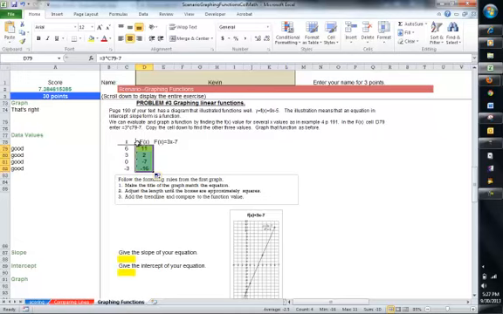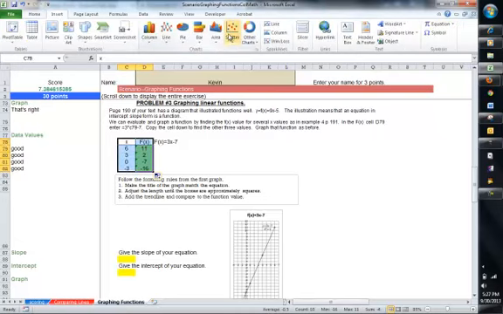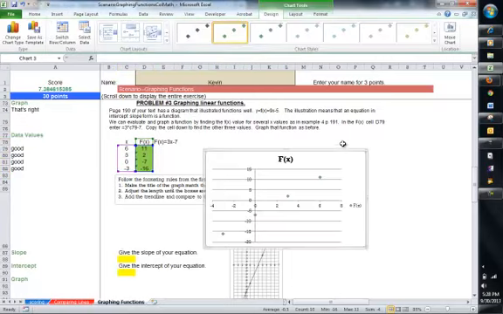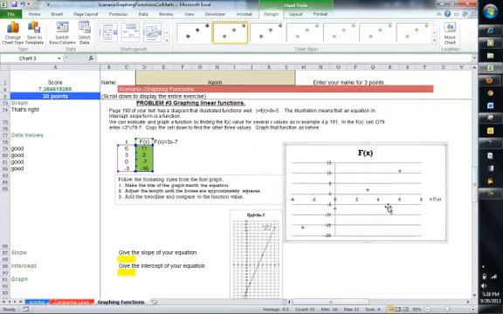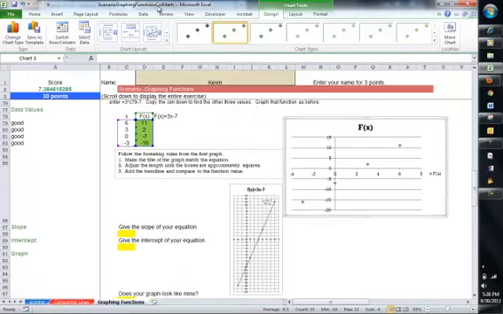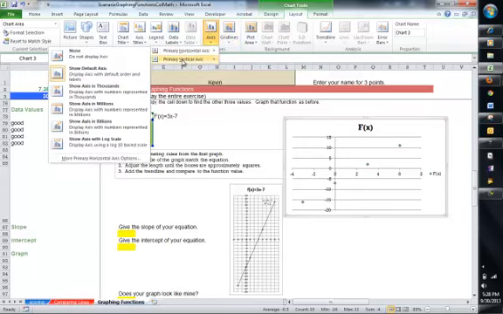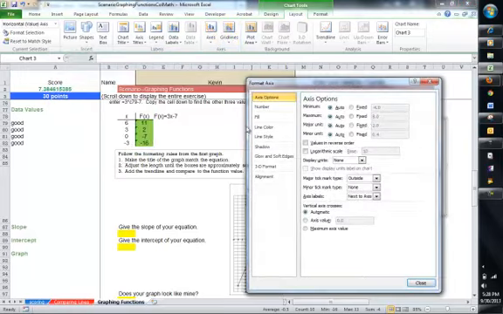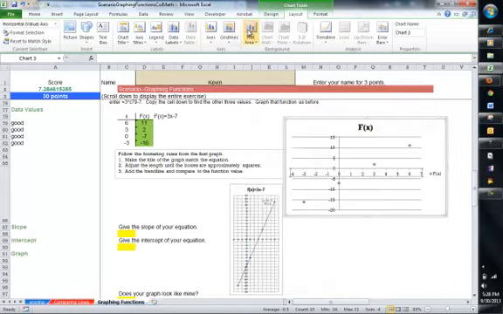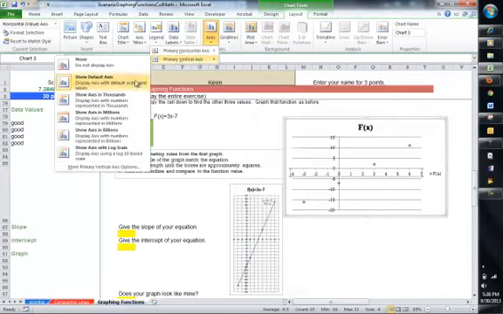Follow the formatting rules for the first graph, so we're going to graph this: insert, scatter plot, and we've got our graph. We want it to look like the one that you see down below there. In order to do that, layout, axes, horizontal, we want to set it fixed at 1, and vertical, we want to set it fixed at 1.